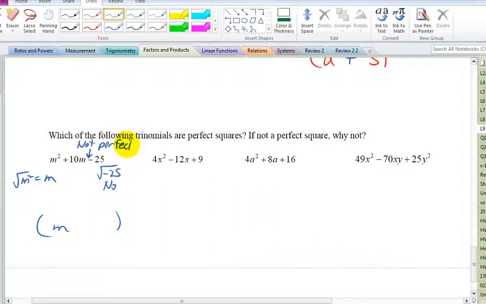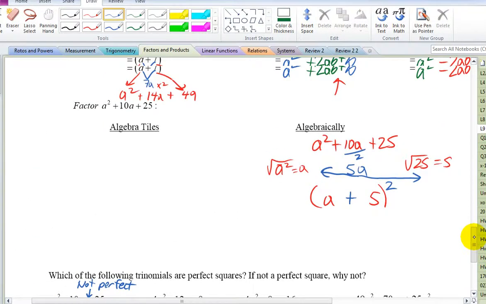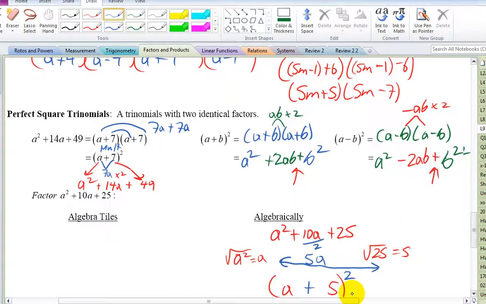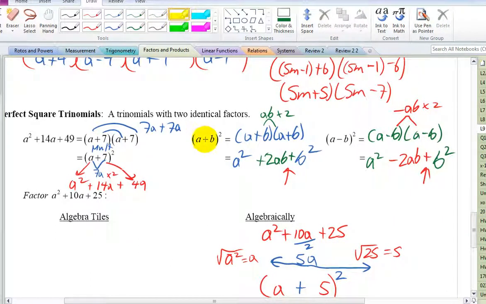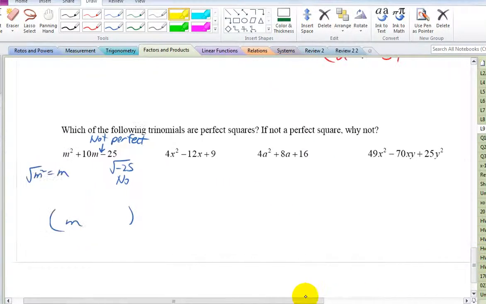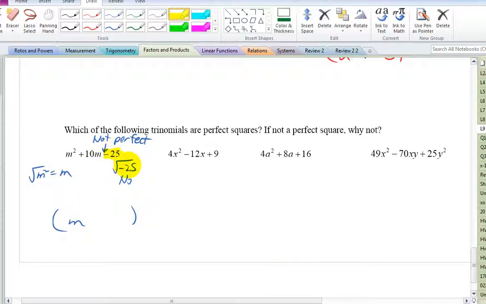For a perfect square, if you look up above, this one had a plus sign, and we had a plus sign. This one had a minus sign, but we're always getting a plus sign right there for the last term. Okay? So therefore, this is not a perfect square because you can't take a negative 25 and square root.